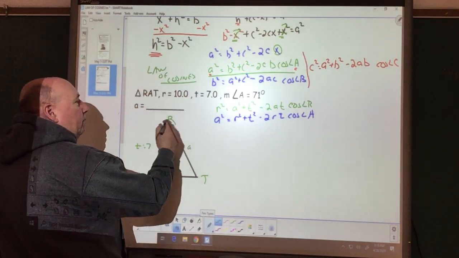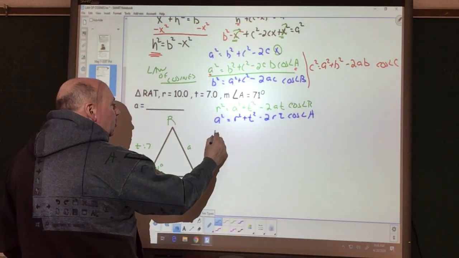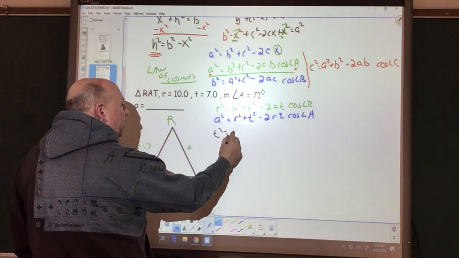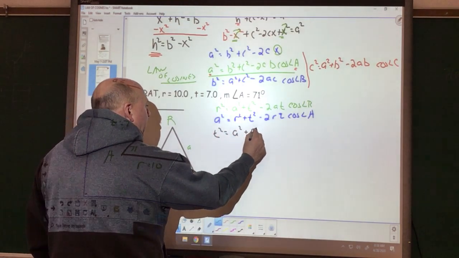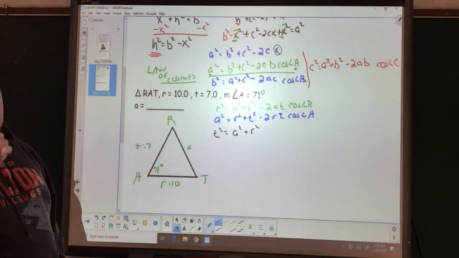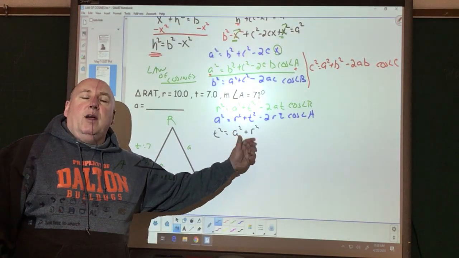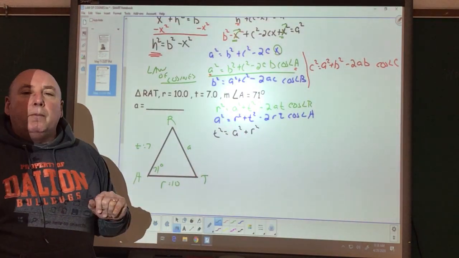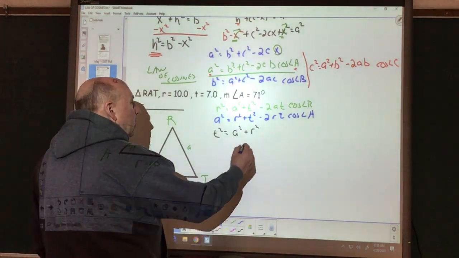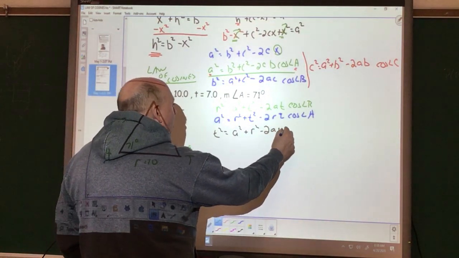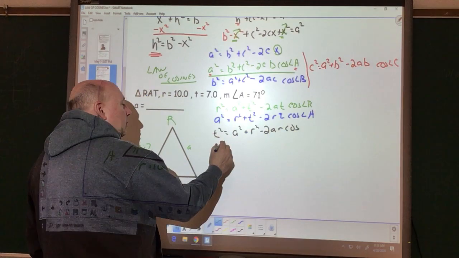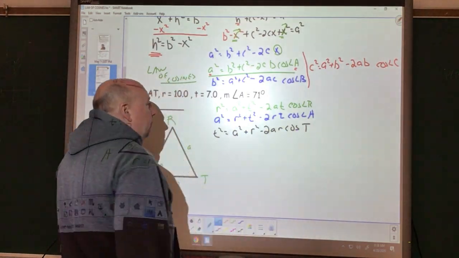And my last one, t squared is equal to my other sides, a squared plus r squared. Once again, looks like Pythagorean idea. And if you have r squared plus a squared, it's no big deal. Minus 2ar cosine, little t at the beginning, big T at the end.